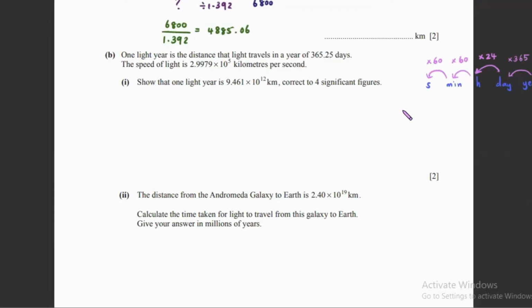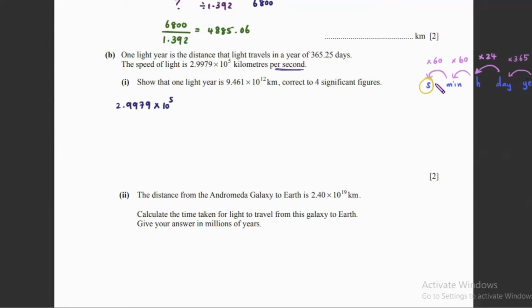So in this case, we know that the distance traveled in 1 second is given to us as 2.9979 times 10 to the power 5 kilometers. This is the distance traveled in 1 second. We need to convert it into a period of time, which is you need to find how far it will travel in 1 year.